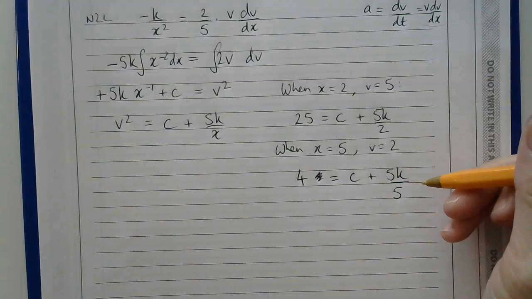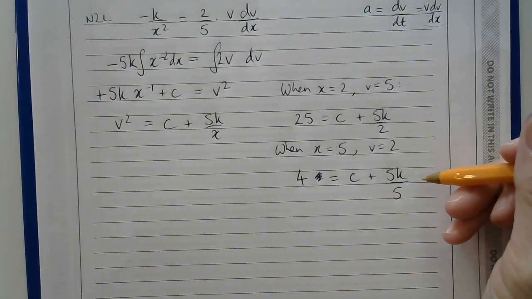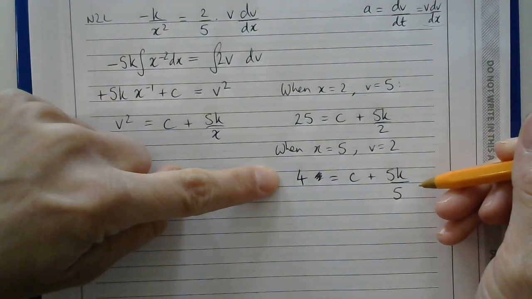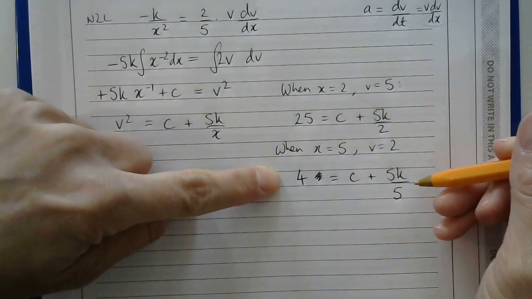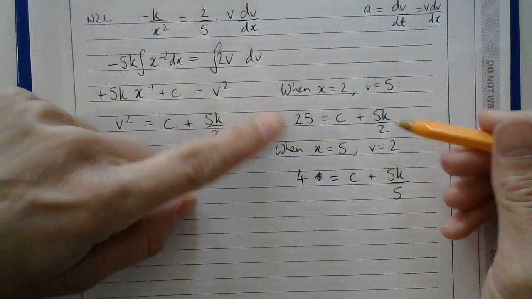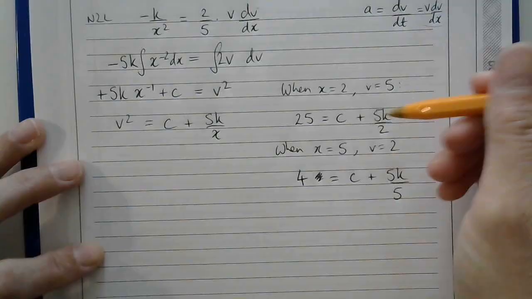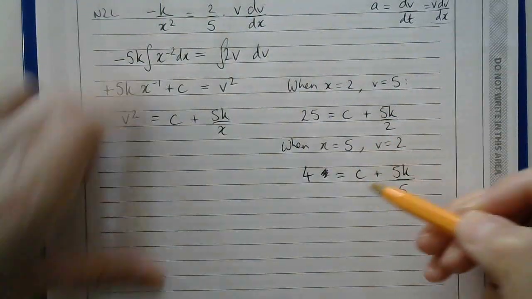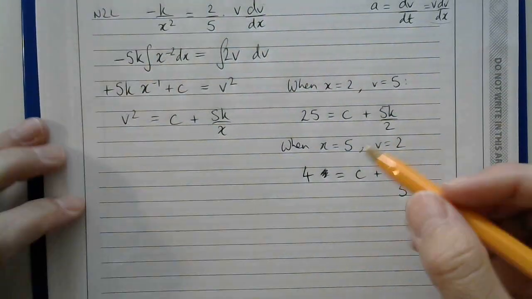Okay, so I think the very first thing I will do is multiply this one by 2 and this one by 5, so that I can get two equations where k is, although actually, sorry, I need to eliminate c really, because I want the value of k.